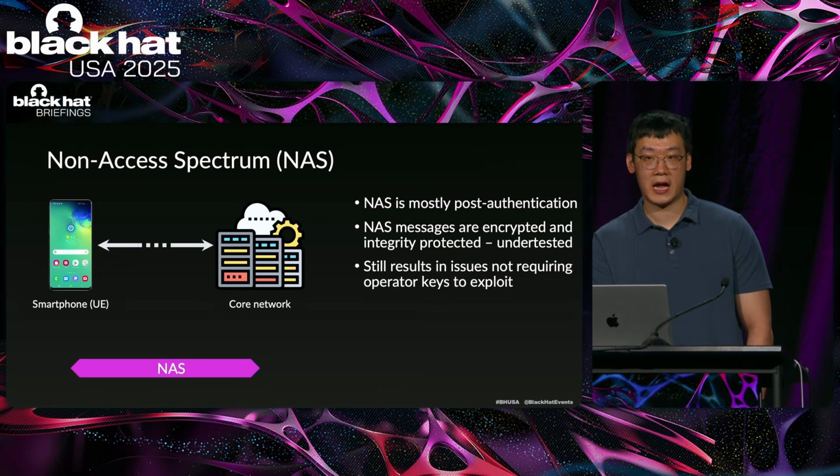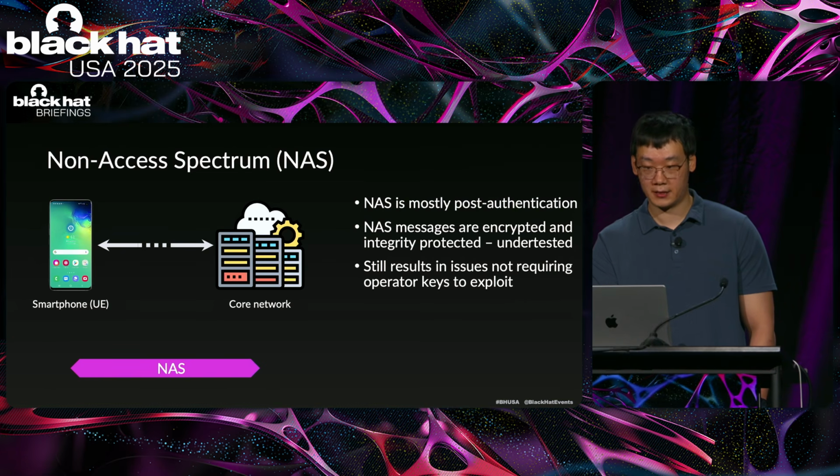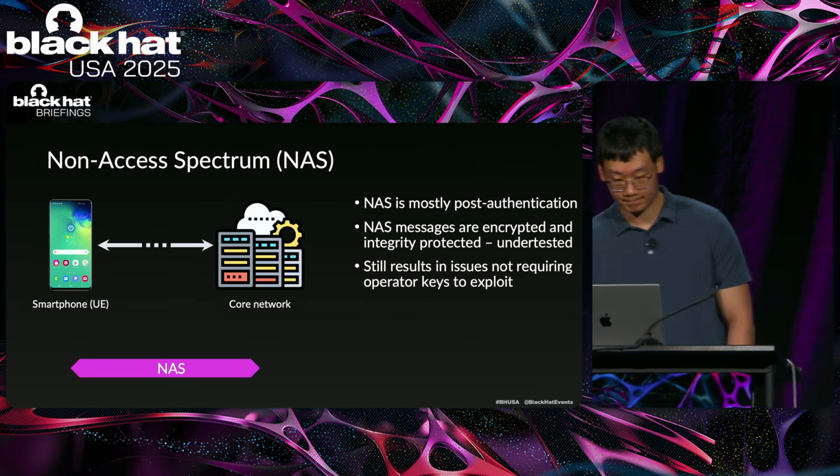So in the following slides, we'll also cover how we get past these checks in our testing. But due to this complexity, the layer is mainly tested using over-the-air messages with previous approaches, and those are notorious for being quite slow and inefficient. So in this talk, we'll mainly use NAS as an example to showcase how we test this layer in the baseband and show if these message handling functions contain any vulnerabilities.